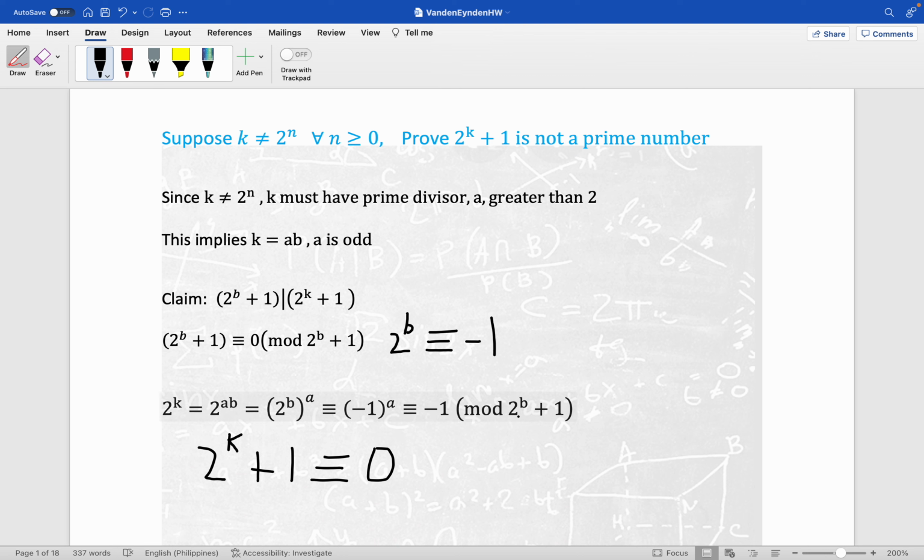But that means that 2 to the b plus 1 divides 2 to the k plus 1, which is what we're trying to prove right here.